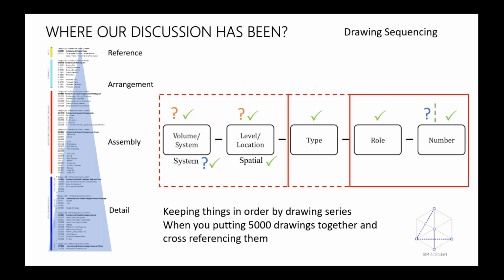When you're putting drawings together, it becomes really practical to have them in a nicely ordered functional set. From that, the big conversation is about how we best use system and spatial. Traditionally, where we had volume and system, a lot of people were using that to reference the building on a multi-building project, for example.